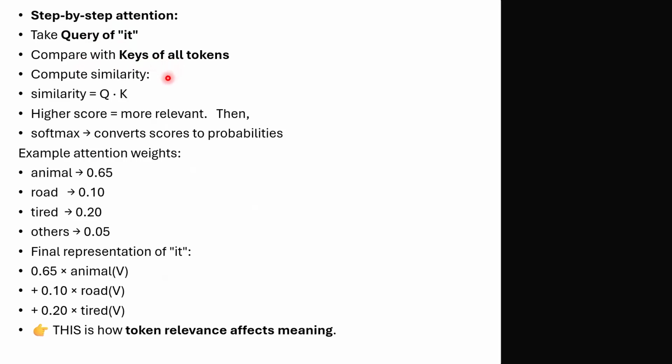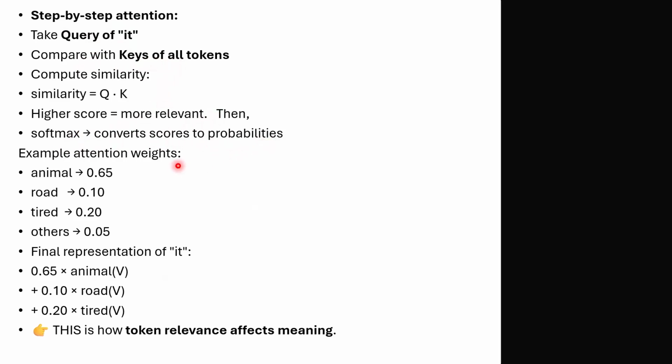Compute the similarities; similarity is Q times K. A high score means more relevant. Then softmax converts the scores to probabilities.